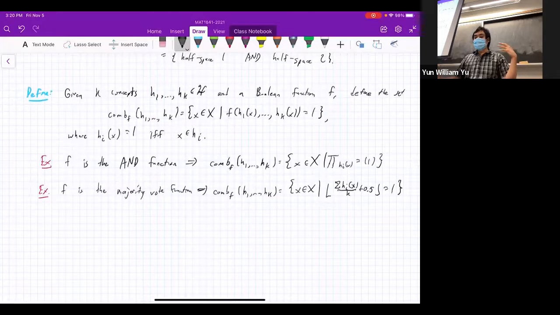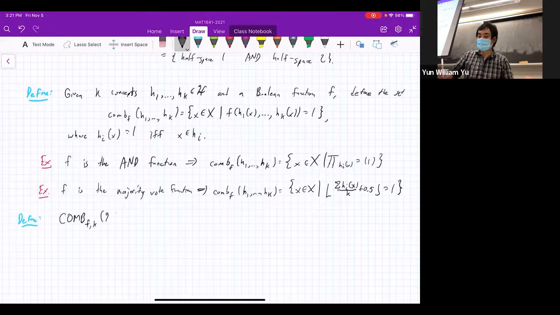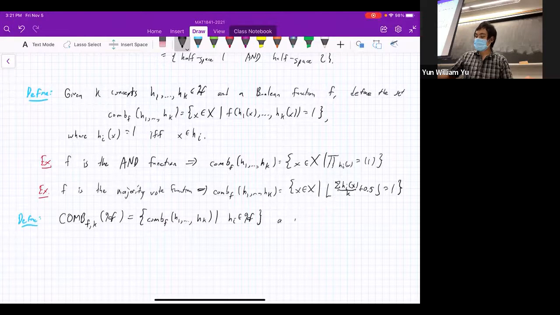So note that we're defining this as a set. But of course, we can also define concept classes out of sets. So we're going to define a new concept class. I'm going to use capital com sub f, k of H as the set combining together comb of f, h1 through hk such that hi is in H. And this is a new concept class.